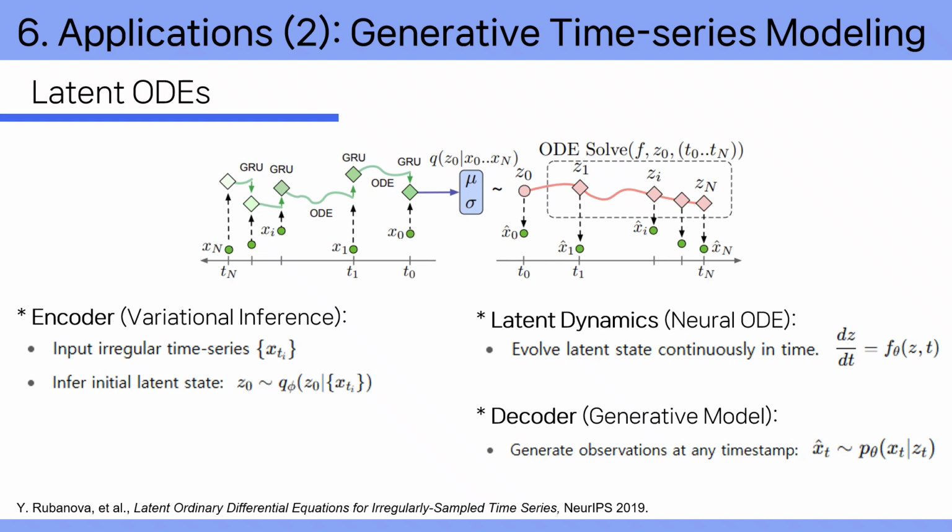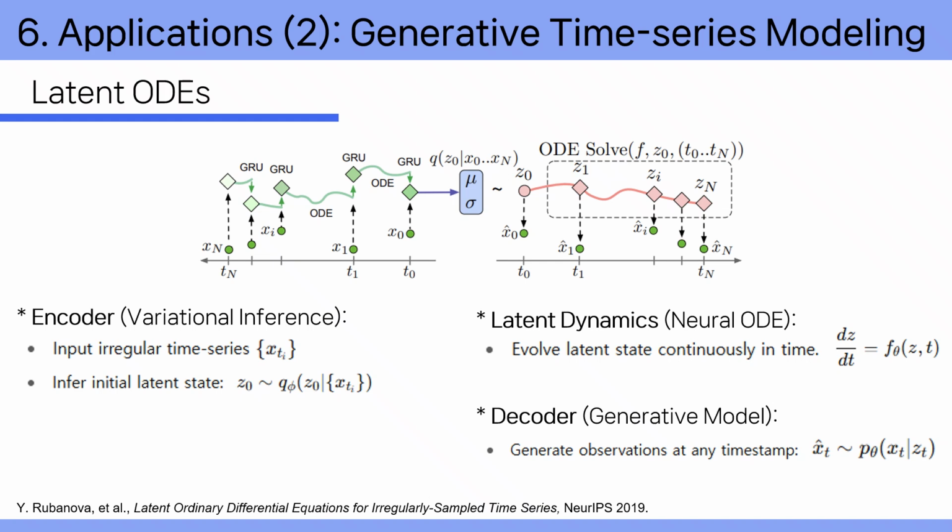The second application is generative modeling as well, but this time we focus on time-varying data rather than static distributions. Here we aim to model distributions over time series. A key example is a latent ODE. It represents each time series as a latent trajectory determined by an initial state and latent dynamics.